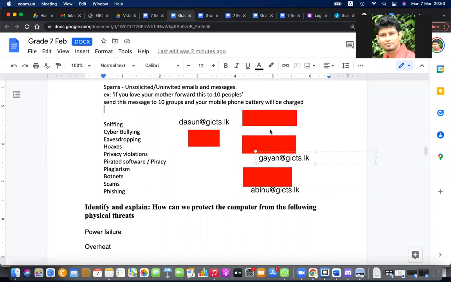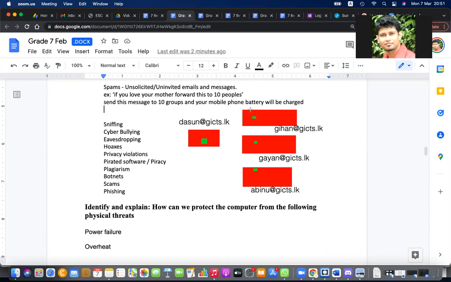You can substitute gicts.lk with gmail.com, anything. Then gihan at gmail or gicts.lk. Let's say I have forwarded the message to 3 people. What will happen? This is my message. That will be copied here, here, and here. The same message will be copied 3 times.